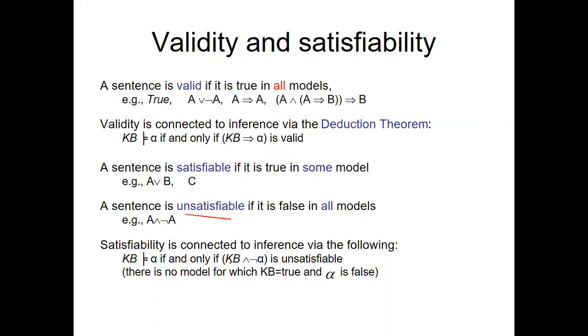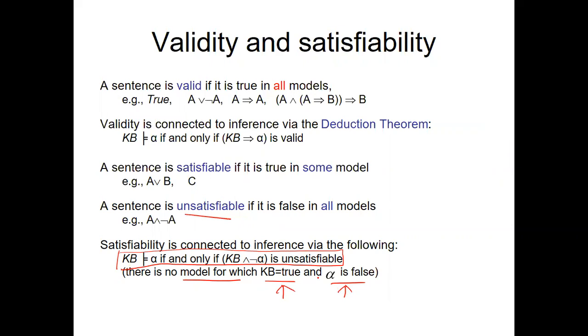So you have to show that this is not possible, because there is no model for which KB is true and alpha is false. That is the meaning of this.